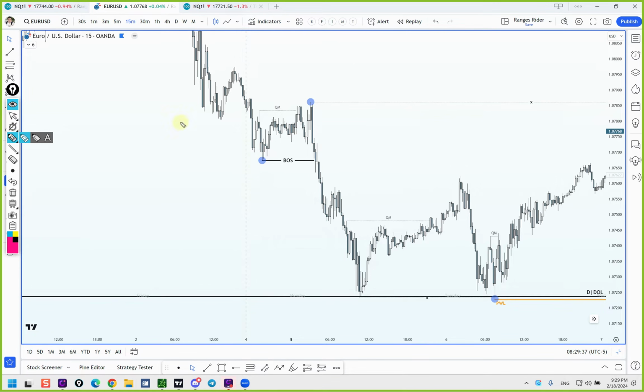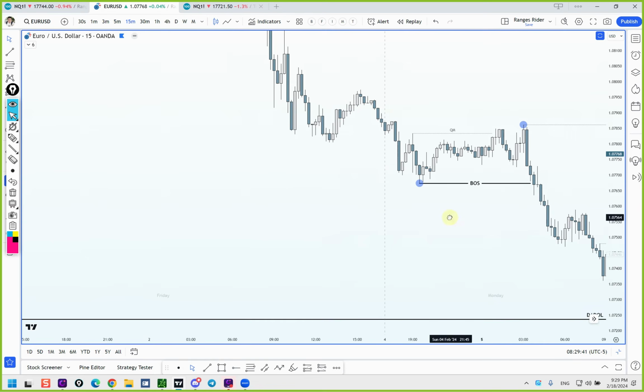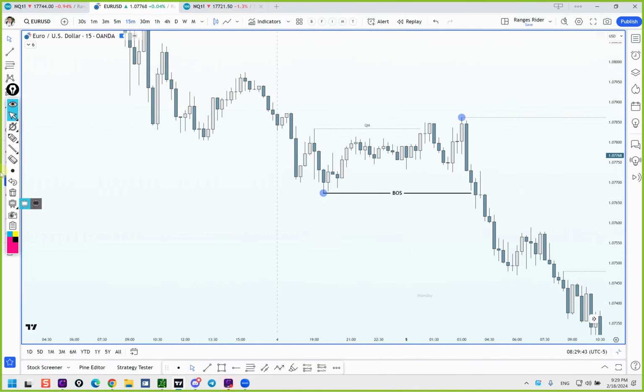So let's say we are coming from here, and this is the valid pullback. I'm not going to discuss the valid pullback now, because I have already explained a lot. If anybody doesn't understand, just go back and watch. This is the valid pullback.